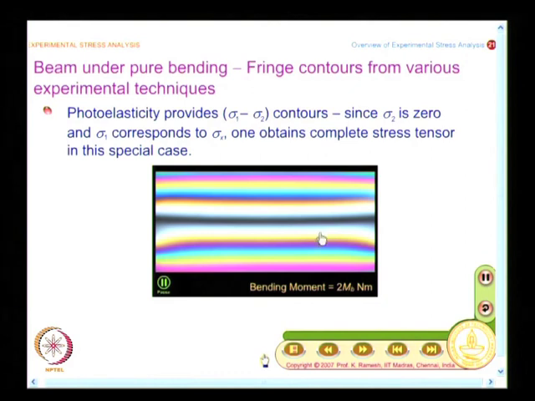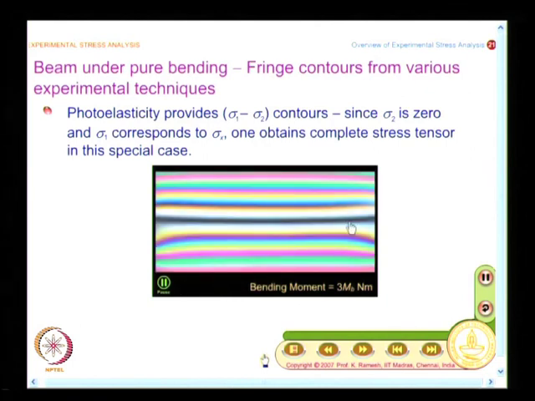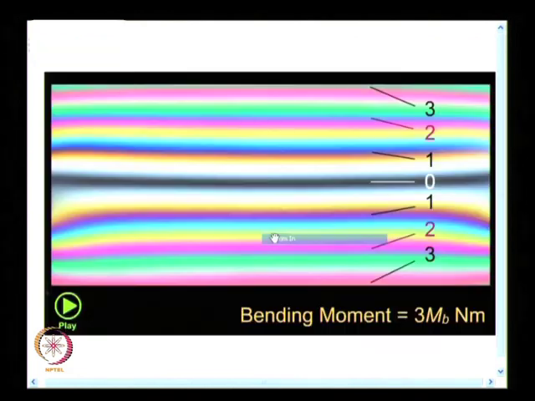So, it is a function of load, and I can also label them, and when I triple the load, the fringes are increasing from 0 to 3 on either side. And by looking at the color, it is possible for you to identify the number associated with the fringe in photoelasticity reasonably well with the eye.